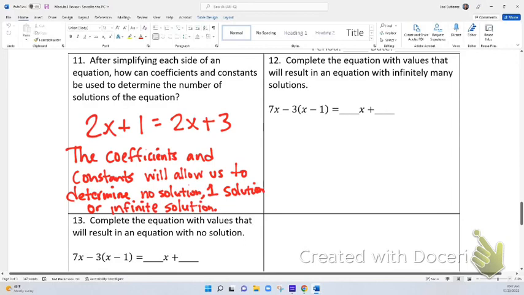So when we're simplifying a problem, the two terms, the constant and the coefficient, will just simply allow us to figure out what type of solution we have. That's all that problem is asking.